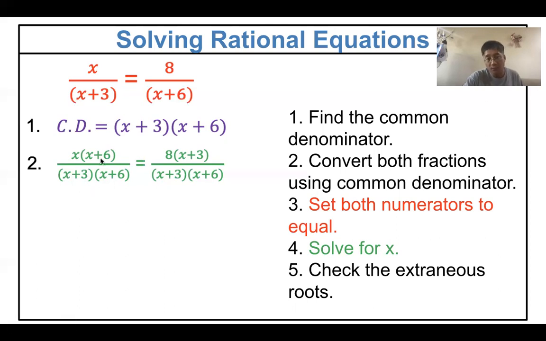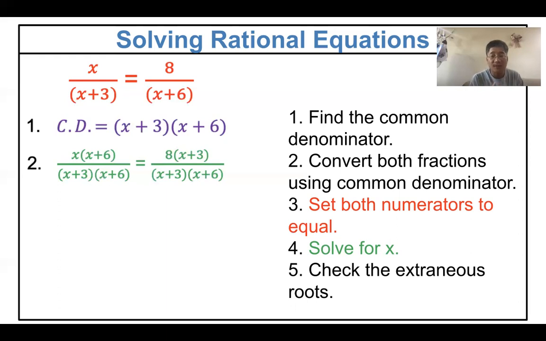If you cancel numerator and denominator, it'll be just x over x plus 3. Make sense? Again, the second one, you multiply the x plus 3 here, then you should multiply x plus 3 to the numerator. And here, you are not adding or subtracting the numerators yet.